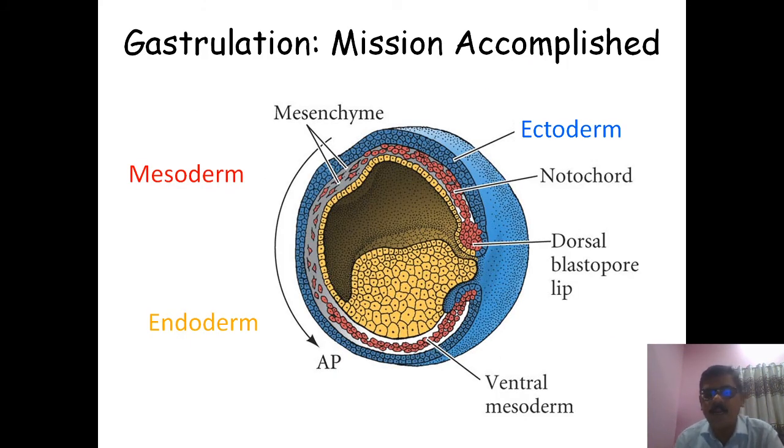At the end of gastrulation, the three germinal layers are formed. There is a blastopore opening that will result in the formation of the anus. This is the Archenteron cavity, which is going to form the gut or digestive system. Here is the yolk plug, and the outer layer is called the ectoderm.